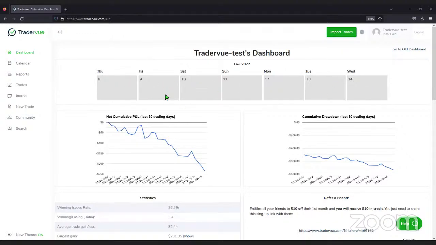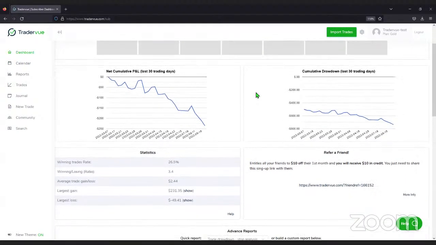But the CSV file that I imported was from 2021 mostly. If you were trading recently and exporting and importing trades that were done in December, then you will have P&L information here. We will take a look in the calendar section more about this, and you guys will see what I mean.